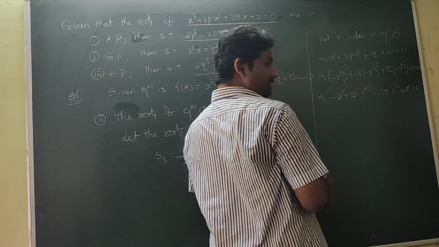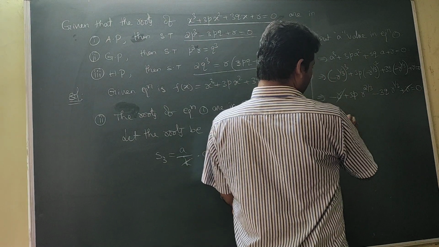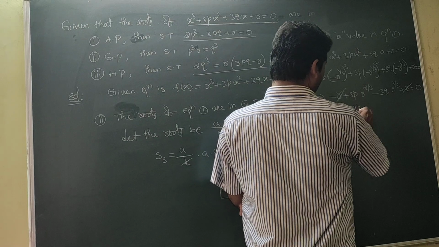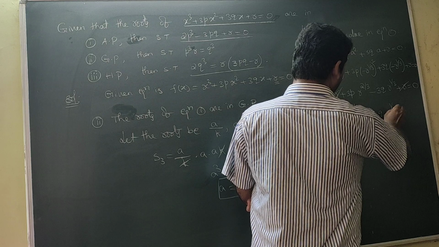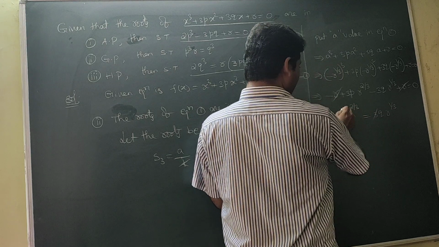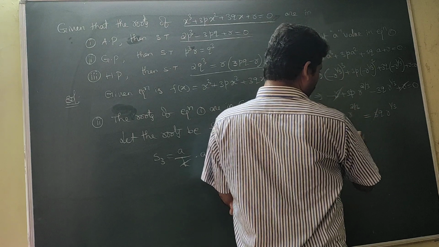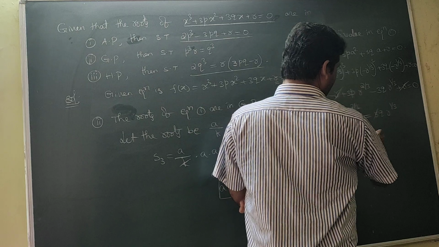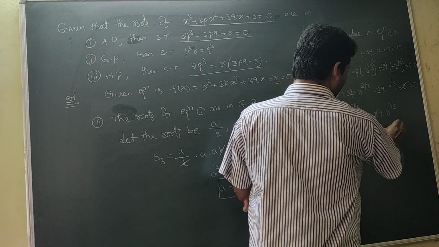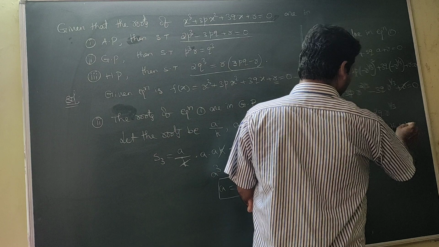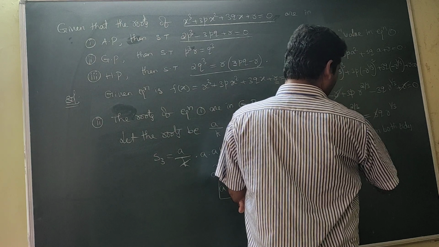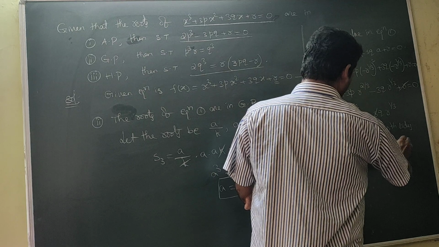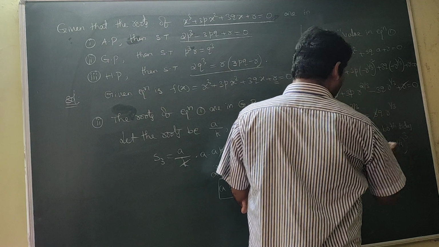r gets cancelled. That implies 3p into r power 2 by 3 equal to 3q into r power 1 by 3. 3 gets cancelled. Cubing on both sides: p r power 2 by 3 whole cube equal to q r power 1 by 3 whole cube.